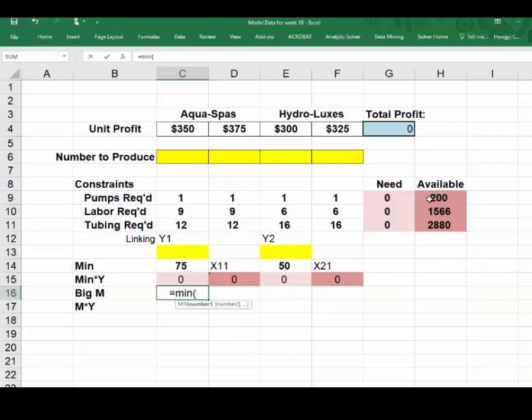It will be the minimum value among the allowable resources divided by the unit needed: the available pumps divided by the pump units needed, the available labor divided by the labor units needed, and the available tubing divided by the tubing units needed. We'll take the minimum among those three, and here we're going to subtract the 75.